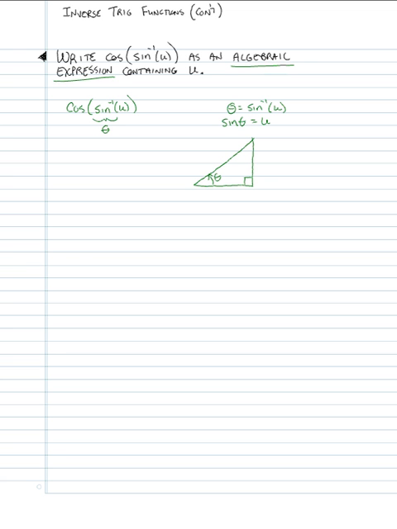Now, when we start building a representative right triangle, and that is a right triangle that represents this one single relationship we have, we're going to call this angle theta, and of course this is a right triangle. Now, in general, the sine of an angle theta, we calculate by saying the length of the opposite side divided by hypotenuse. In our case, we know that the sine of theta is equal to u, so we need to write that u in the form of a fraction, and the easiest fraction we can use is u over 1.